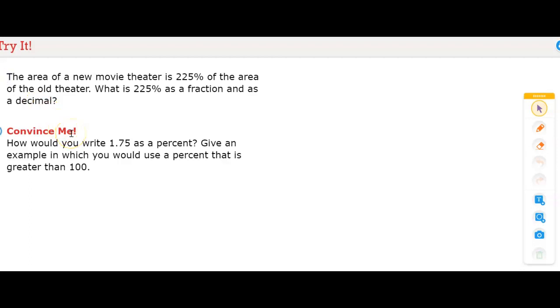The area of a new movie theater is 225% of the area of the old theater. What is 225% as a fraction and as a decimal? As a fraction, we would have to put the 225% over 100.